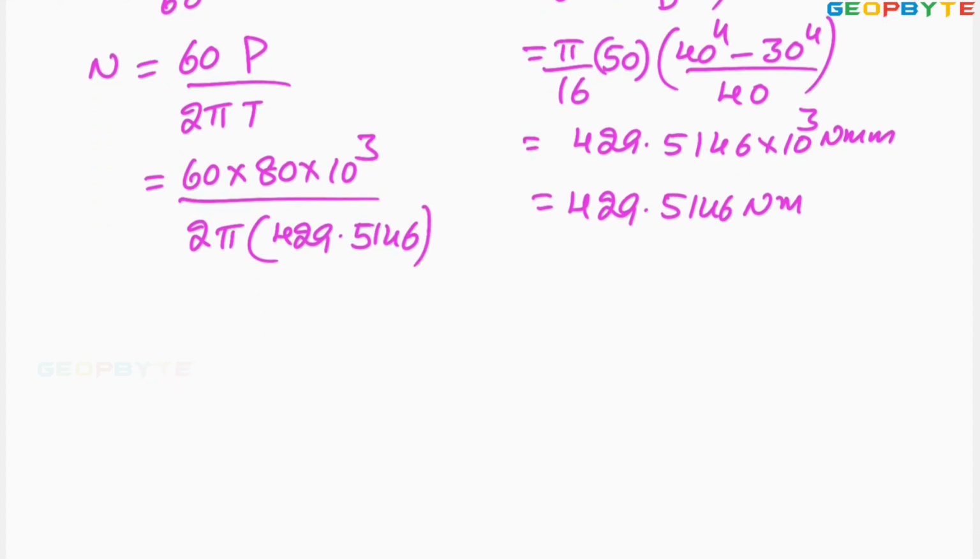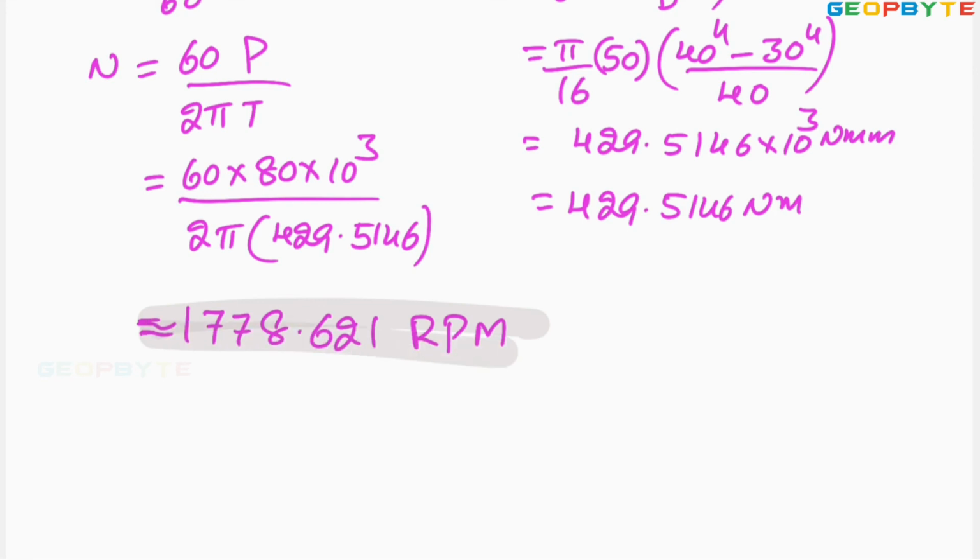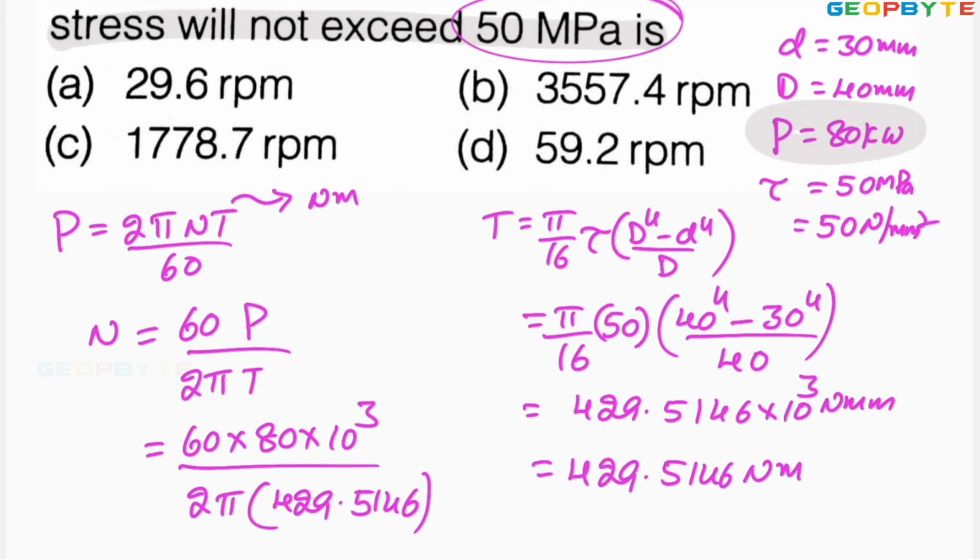You simplify this value for getting the speed, 1778.621 approximately RPM, revolutions per minute. That is the answer, 1778.621. Now let us move to the options. Look at the option C, 1778.7 revolutions per minute. Therefore, option C is absolutely correct.